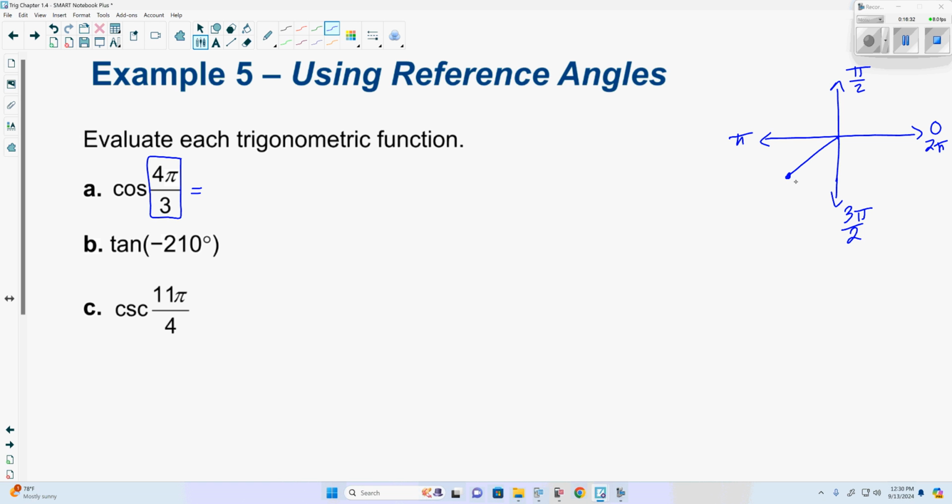Because all of our main ones do contain pi, we're just looking at the number and comparing them. So here our reference angle is going to be that amount there. So we have to take pi away from it. So really this is going to be the same as saying cosine of 4 pi over 3 minus pi. So cosine of 4 pi over 3 is going to be similar to cosine of pi over 3.